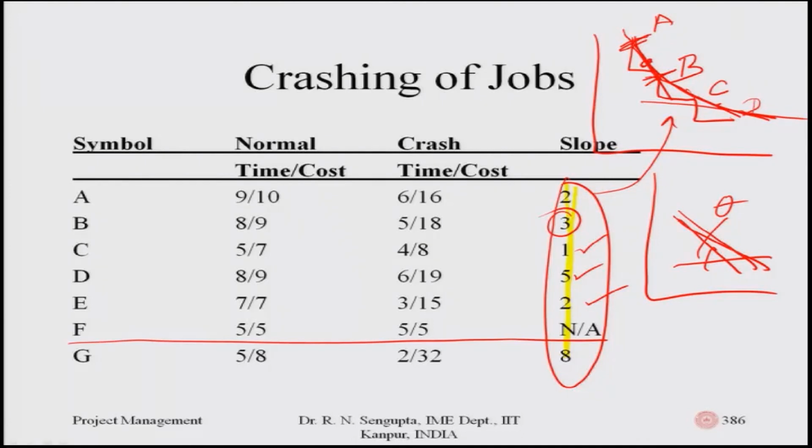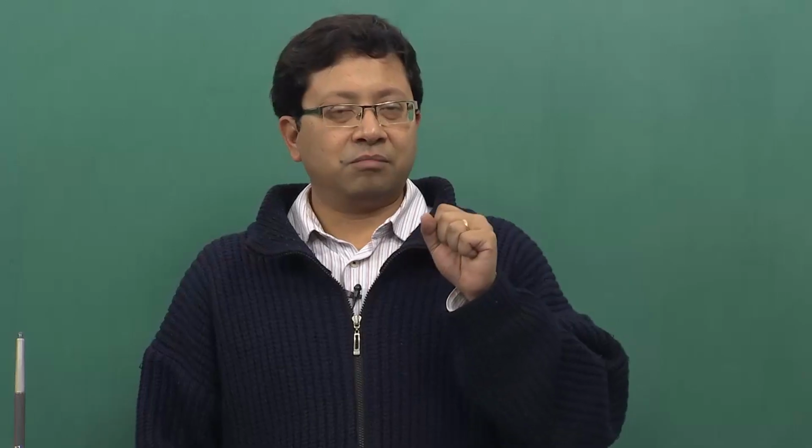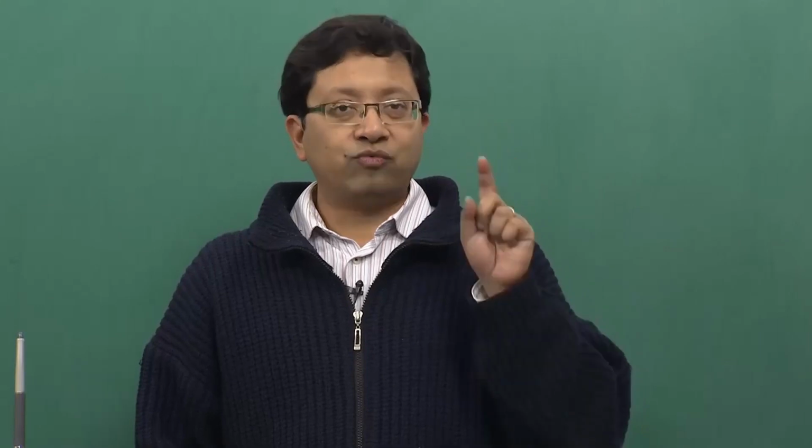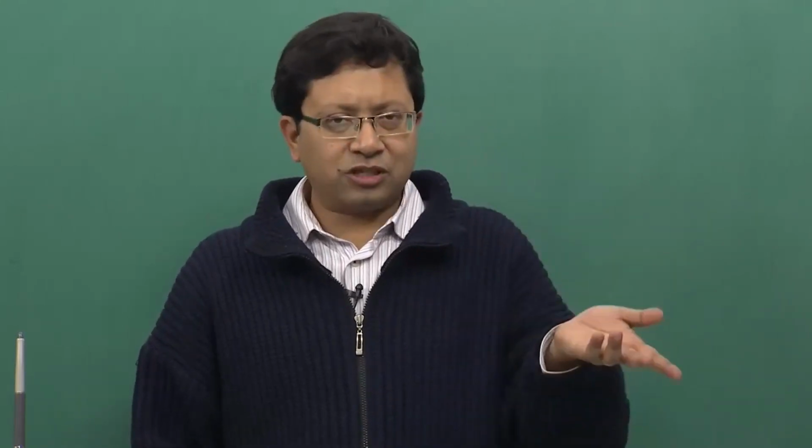What is important is 9 plus 8 plus 8 plus 5 plus 5 plus 8, 8 plus 7, 7 plus 5 plus 5. That is the total duration taken for each and every activity collectively, but that would not be the case for the critical path, which is obvious.